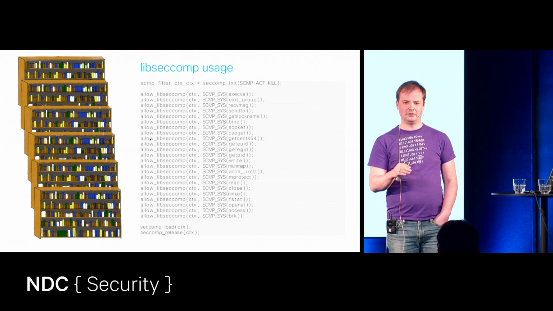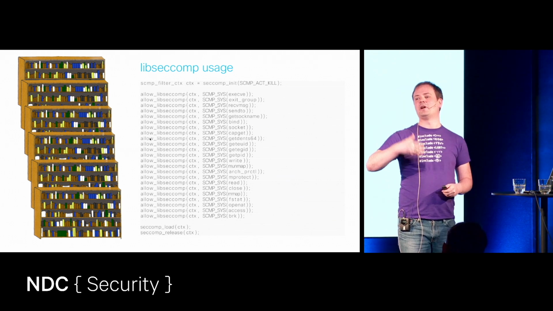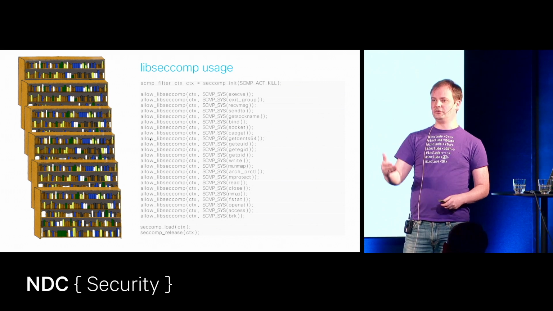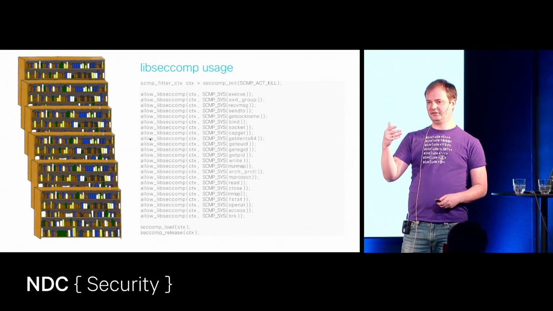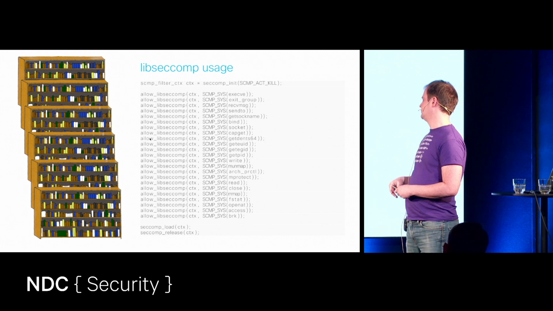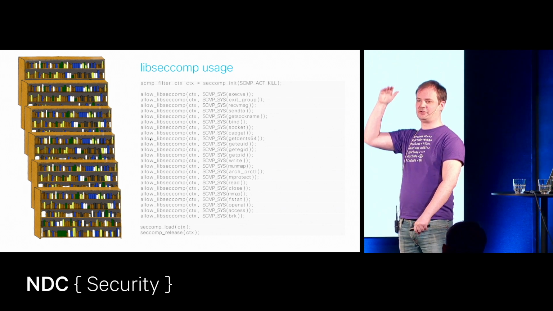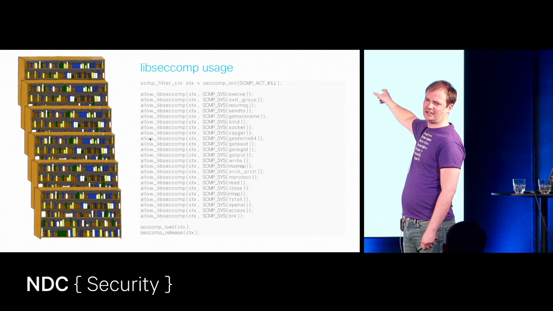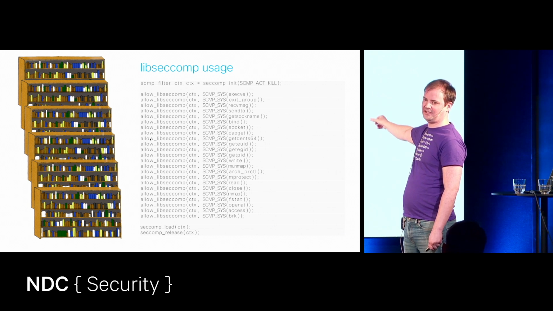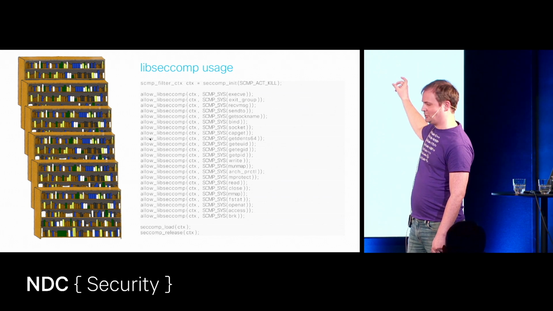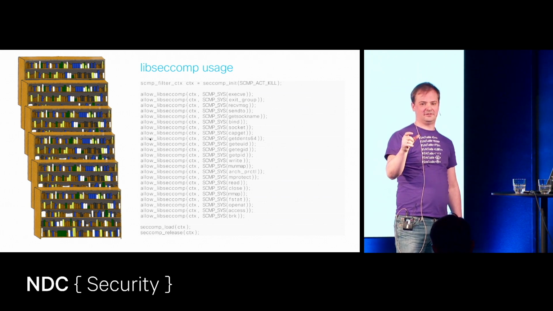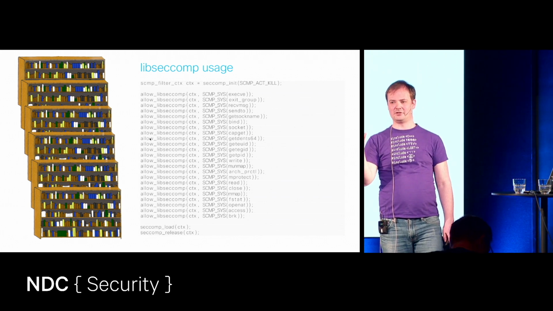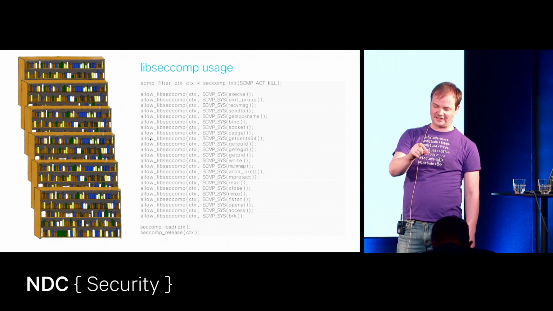Because you need to figure out what syscalls you're using, and you get a list of numbers. You could write the number directly here, but that would be horrible to maintain again.